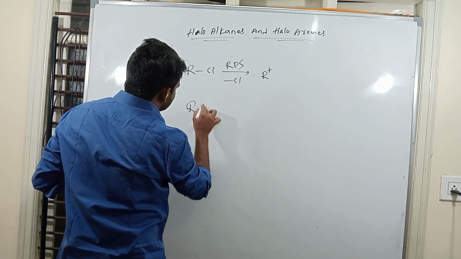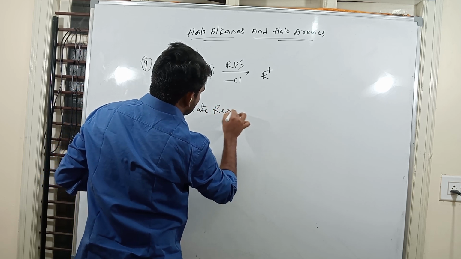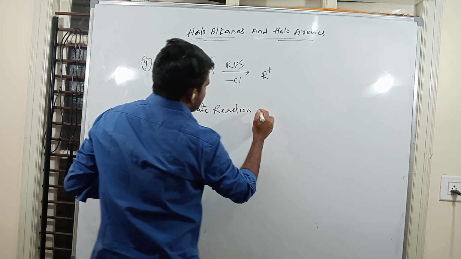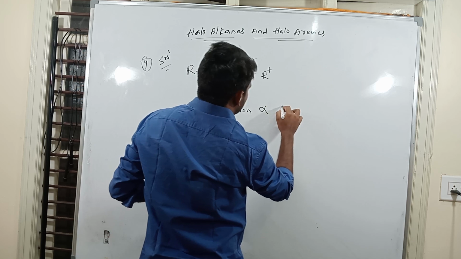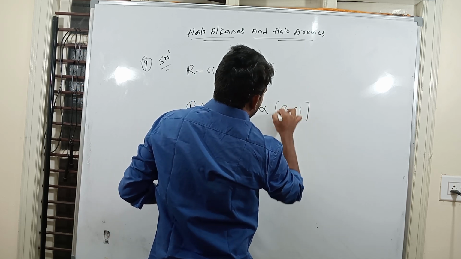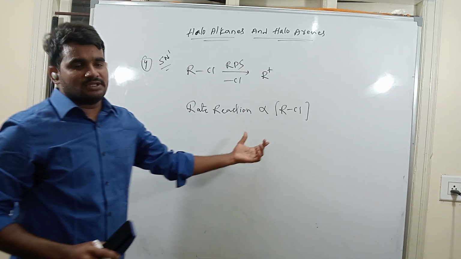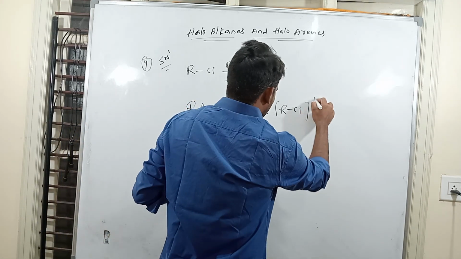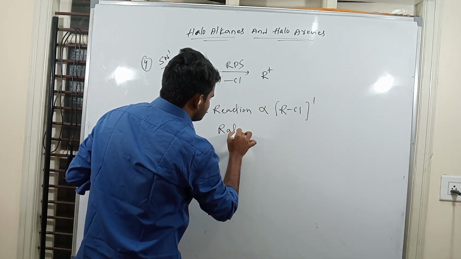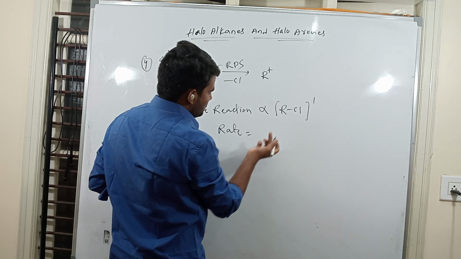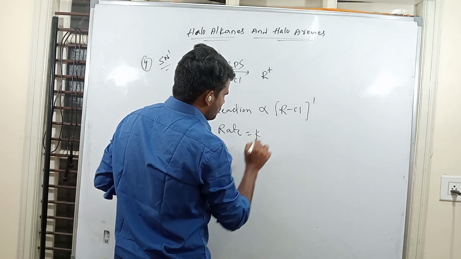The rate of the reaction is proportional to the concentration of the reactant. The order with respect to this concentration is 1. If you remove the proportionality, take the constant form, rate is equal to k times the concentration.